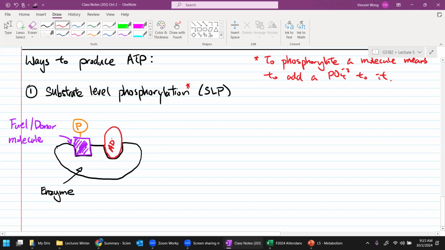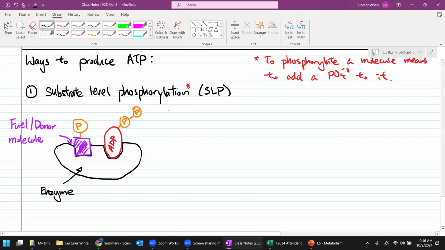This one is ADP, which means it has two phosphates, right? So basically, the ADP is spent. It's empty now. It has no juice in it, no energy. So what happens is the enzyme will take the phosphate from the donor and put it onto ADP. When you add the P back on ADP, what's the end result? What are you going to get back? ATP, right? Okay, so that's what this process is.